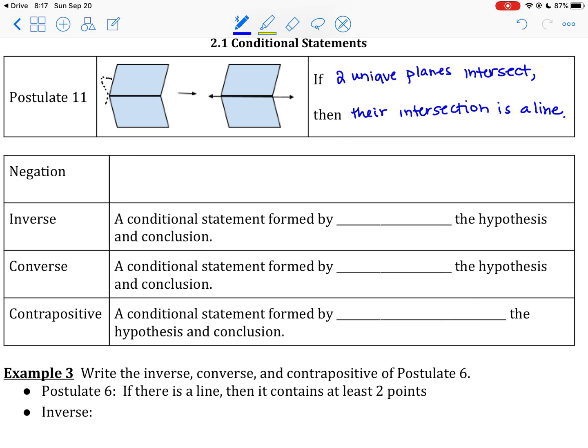So the next thing we're going to talk about are what you can do with conditional statements. And this has a lot to do with logic and how it can be used. So what we're going to be doing is negating some statements. So negation is the opposite of a statement.